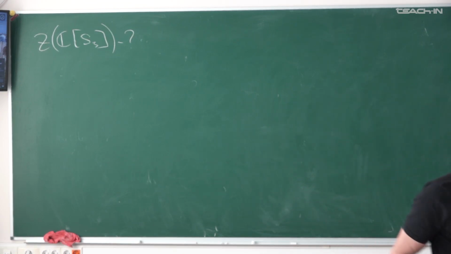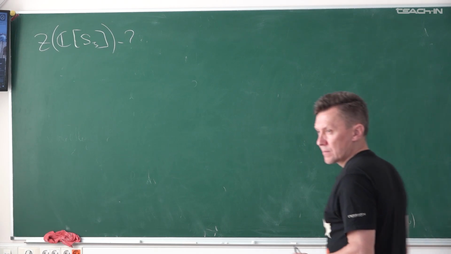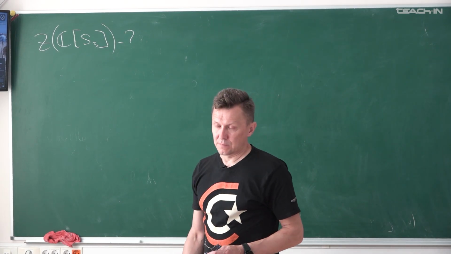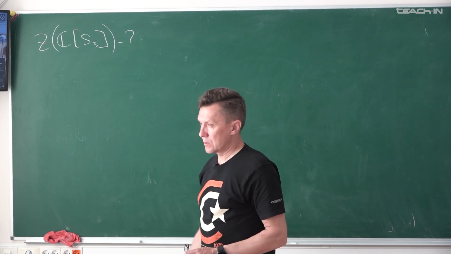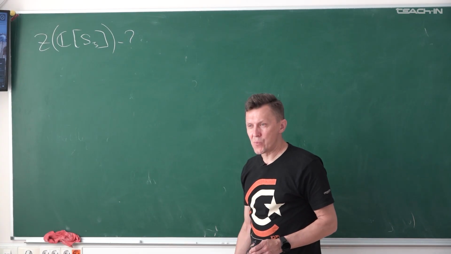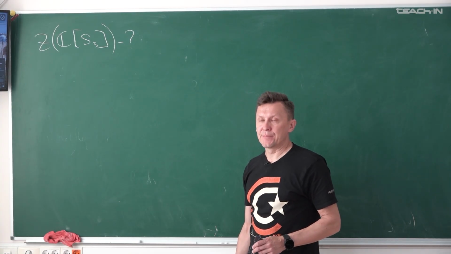But first of all, let's remind what the group algebra is for a finite group. The group algebra is a set of sort of polynomials, in this case with complex coefficients.